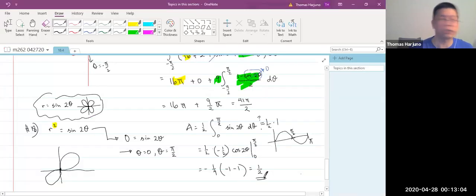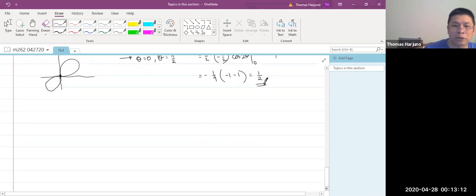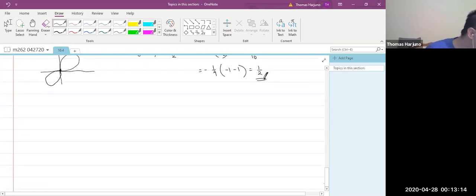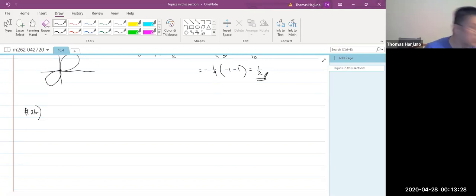One more last question: the area between two curves. This one is actually a hard one though. Let's say, for example, I pick question number 26. Find the area of the region that lies inside the first curve and outside the second curve.